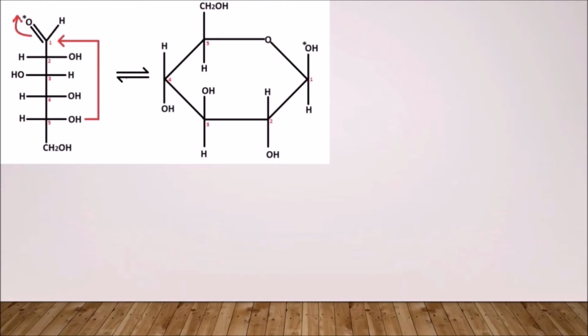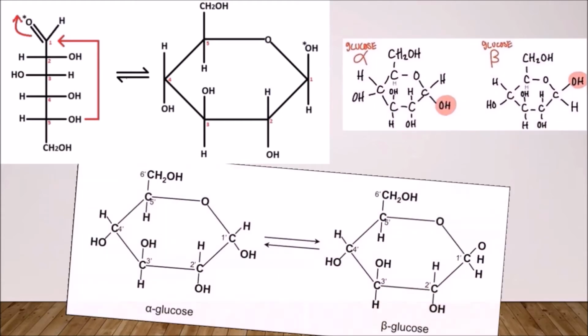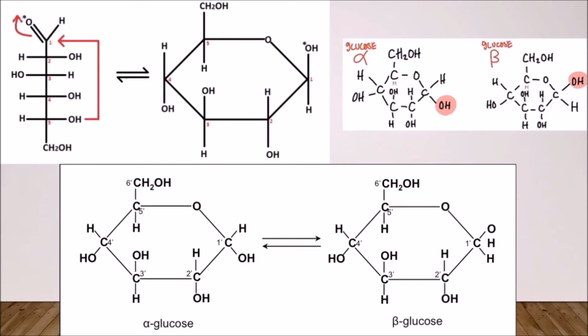For example, over 99% of glucose is typically found as a 6-membered ring. The linear form can convert into 2 different ring forms named alpha and beta, differing in the position of the hydroxyl group derived from the carbonyl of the linear form.